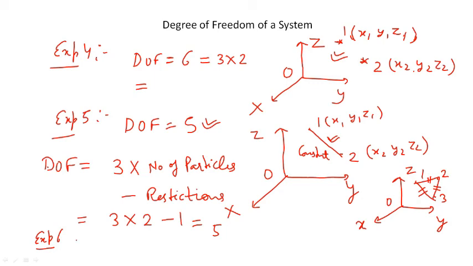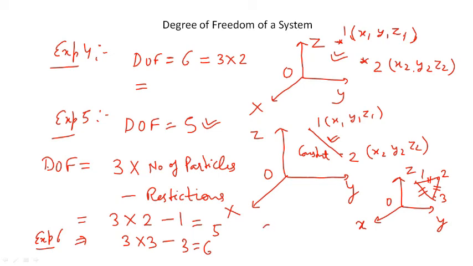So in this case the degree of freedom will be 3 into 3 minus the number of restrictions. The number of restrictions here is 3, because the distance between particle 1 and 2 is constant, the distance between particle 2 and 3 is constant, and the distance between particle 1 and 3 is also constant. So here the degree of freedom will be 6.